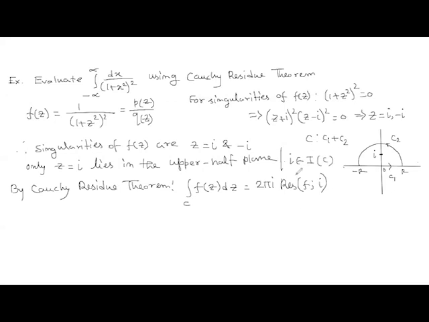So here first we need to determine the residue of the function f at i. Now z equal to i is a pole of order 2.